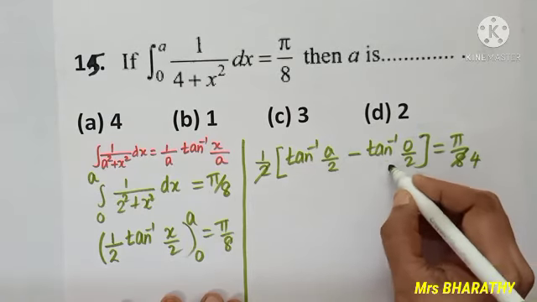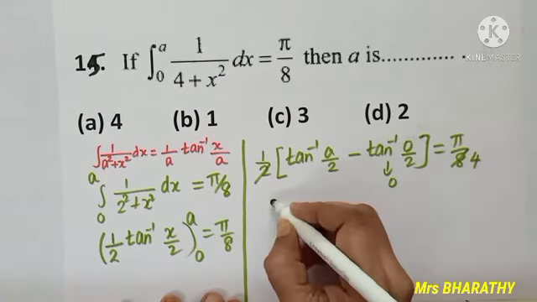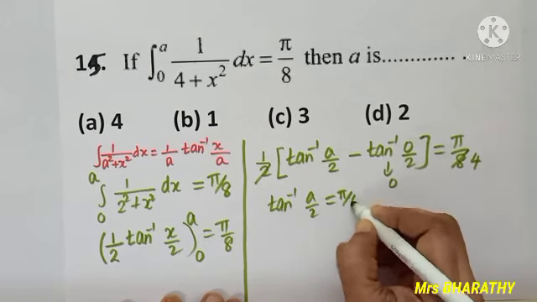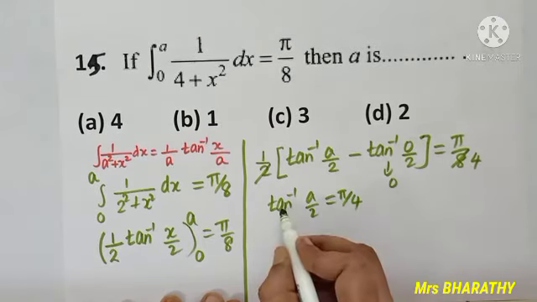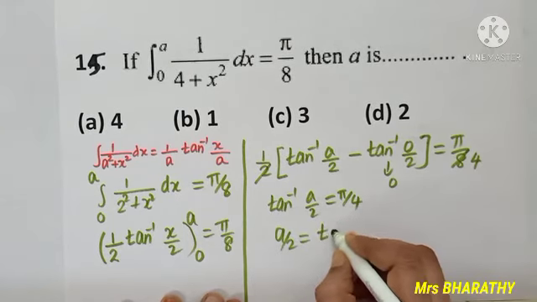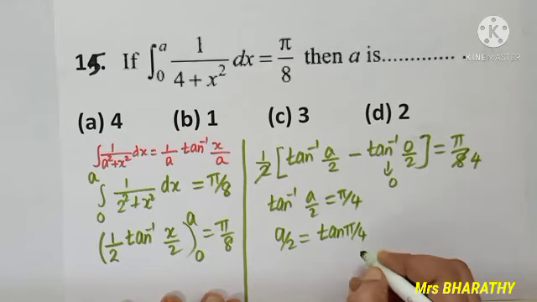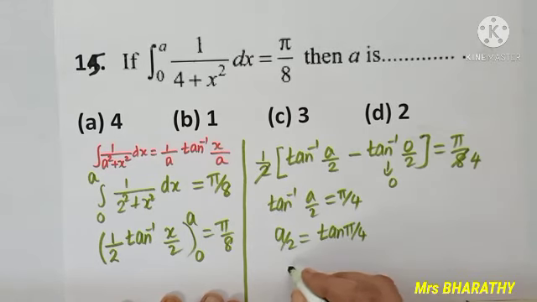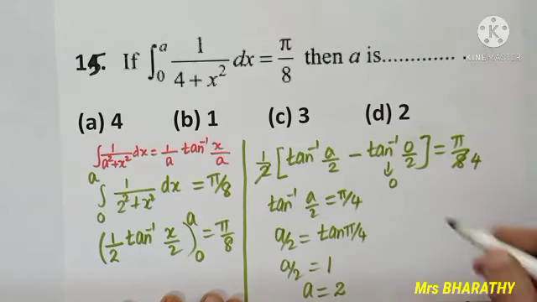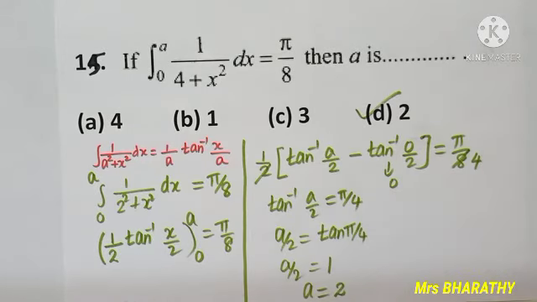Tan inverse 0 is 0, forget it. Tan inverse a by 2 gives me pi by 4. If I bring tan inverse to the other side, it will go as tan pi by 4. And we know tan pi by 4 is 1. Cross multiplying, a value is 2. Option D is the right choice.